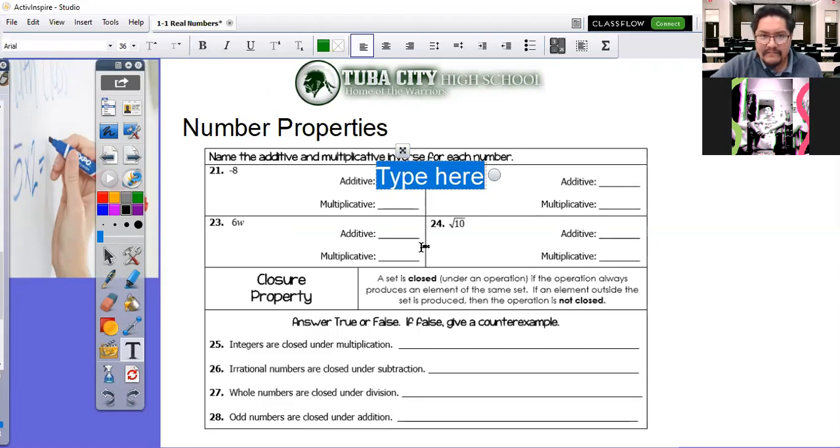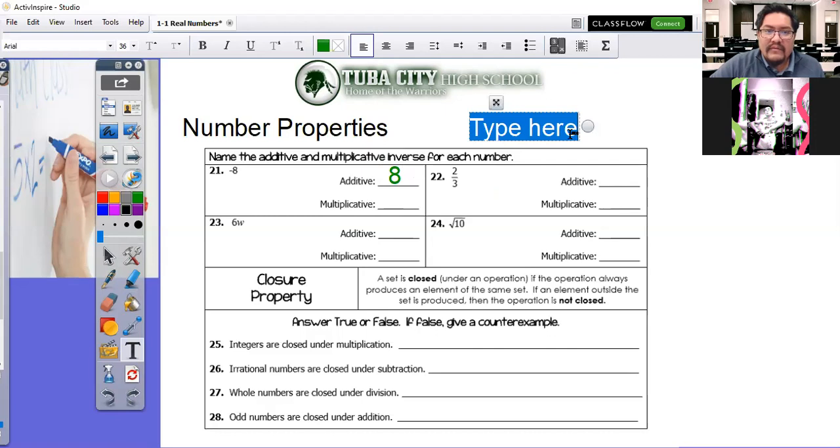Well, we would add 8. So 8 plus negative 8 would be 0. There we go, we got that one.